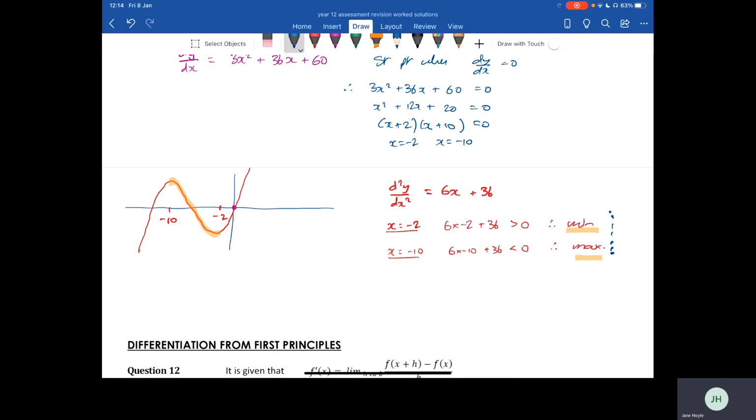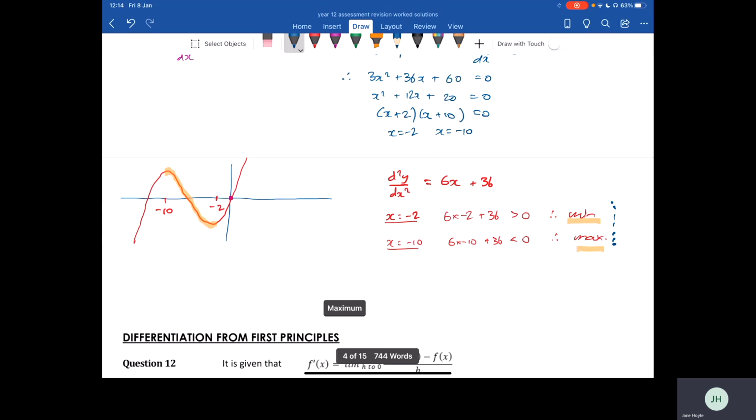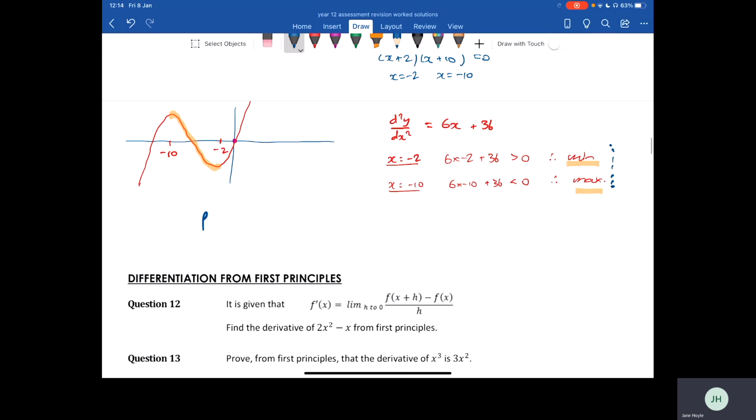You want to see the graph so you know what's going on. So f of x is a decreasing function between negative 10 and negative 2. So negative 10 is less than x, which is less than negative 2.